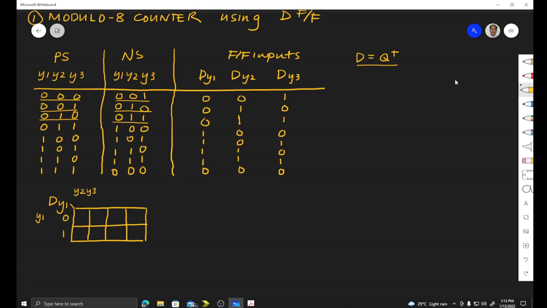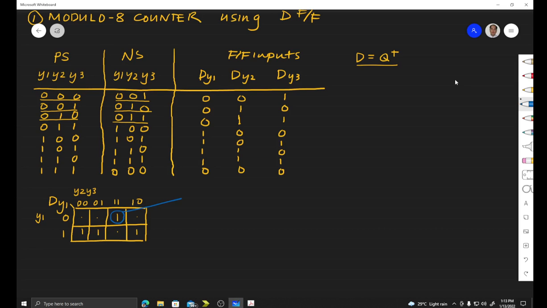So 0, 1, 0, 0, 0, 1, 1, 0, 1, 1. So we have here for dy1 0, 0, 0, 1, so that is 0, 0, 0, 1 for input 0. Then we have 1, 1, 1, 0, so 1, 1, 1, 0. So we perform K-map.